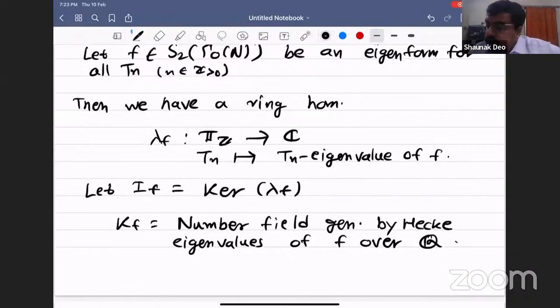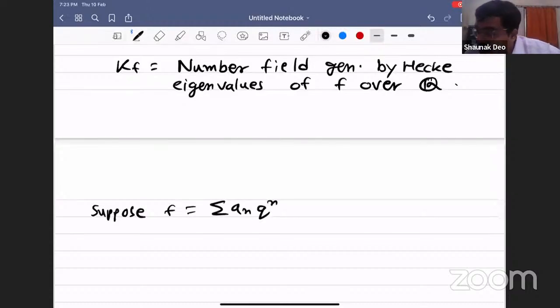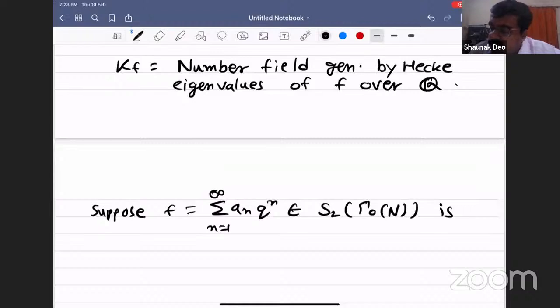Okay, and so this is a notation, and then I would like to give one more factoid, which I'm not going to prove because I don't have time. Suppose f is the sum of a_n q^n, I look at its q-expansion, n goes from 1 to infinity because it's a cusp form. So suppose f is inside this space S2 of gamma naught of n, and this is an eigenform. Now you know that all these a_n's are inside this K_f, and K_f can be embedded in C in many possible ways.